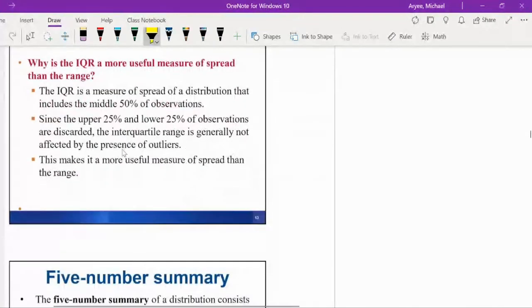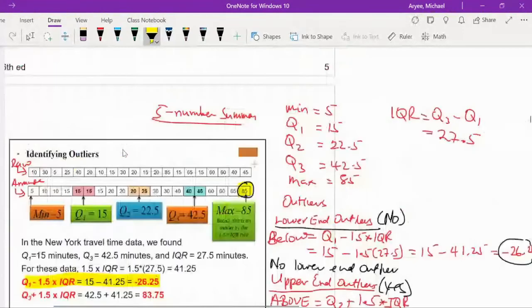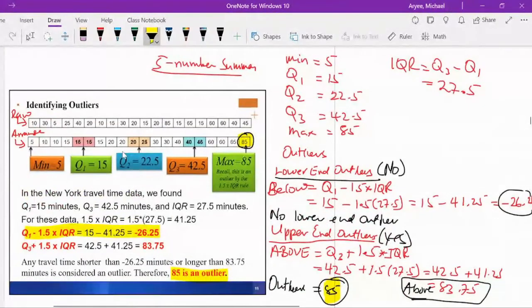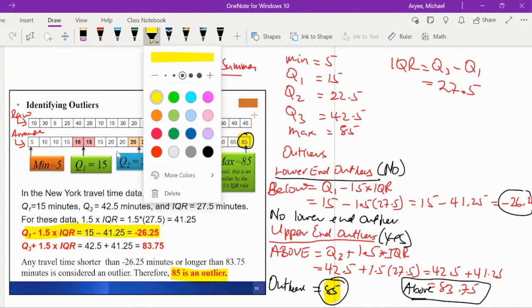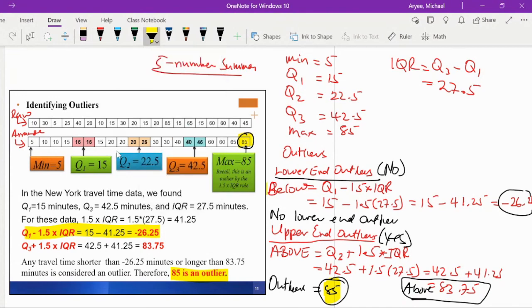Can I ask a question real quick? Yes, go ahead, please. So what about the first one? You got negative 26 as the answer? You come back to the data. When we get negative 26, we are asking ourselves, is there any number below negative 26? When you look at the data, we don't even have any negative number.